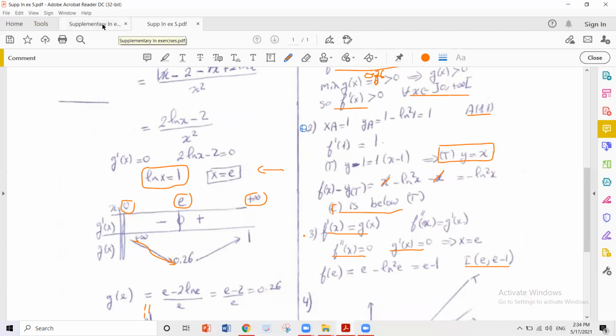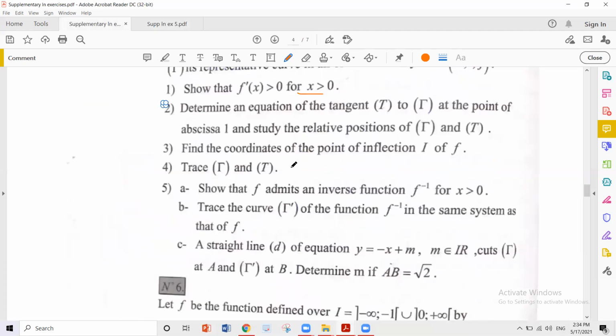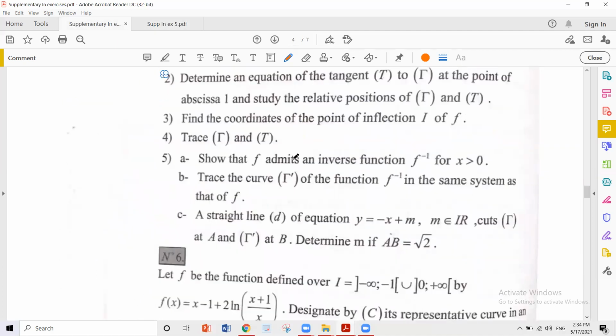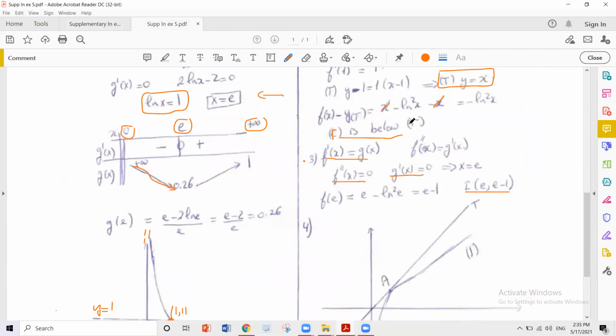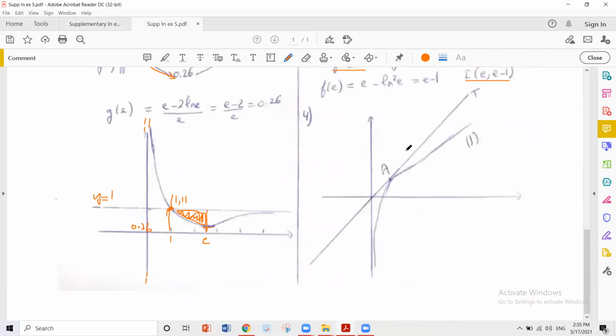Part 4: trace gamma and t. Line t has equation y equal x.